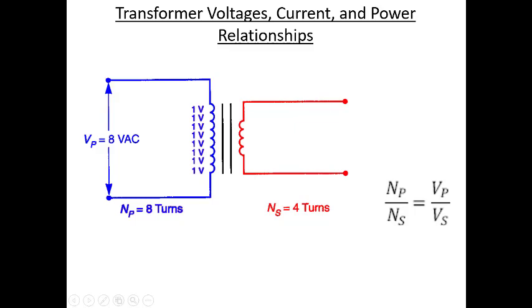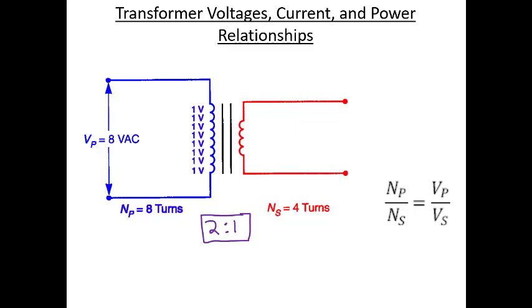We have 8 volts total, so each turn is going to get 1 volt across it. For this transformer, we have 8 turns to 4, so this is going to be a 2 to 1 transformer.